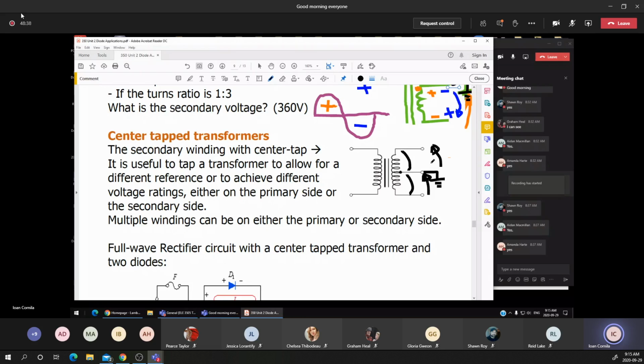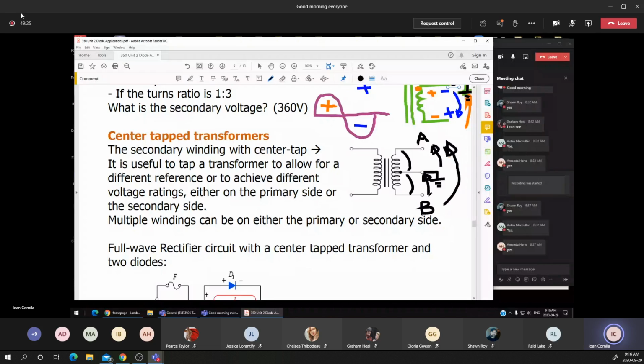The secondary voltage is the voltage between the two terminals, which I'll label terminal A and terminal B. I can write the secondary voltage as the voltage between terminal A and B, and the voltage across a single winding is the secondary voltage divided by 2.